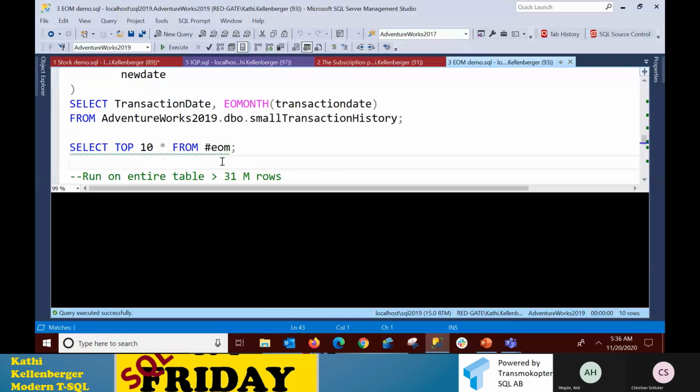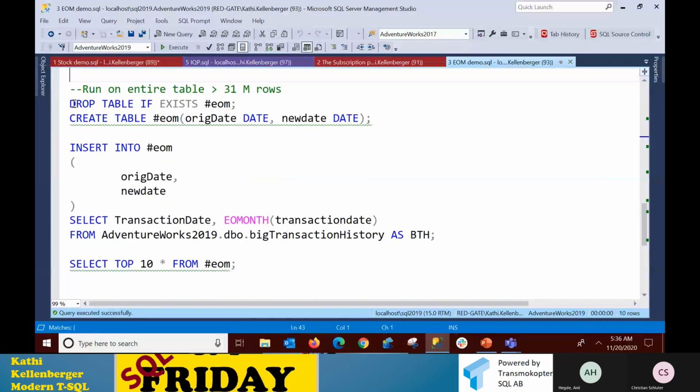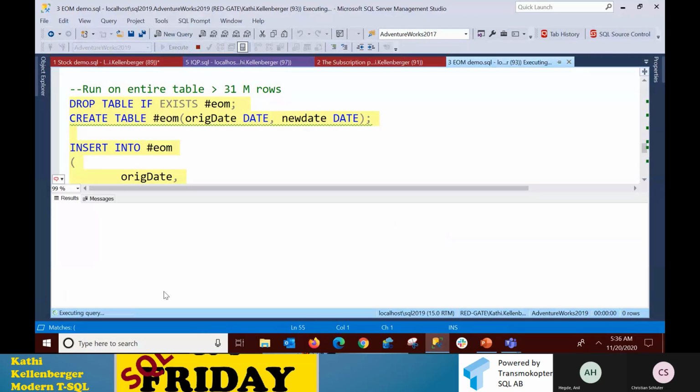But what if I tried it on 30 million rows? Would it work well on that? This is the greater than 31 million rows. And it's still running. Hopefully it will end soon.